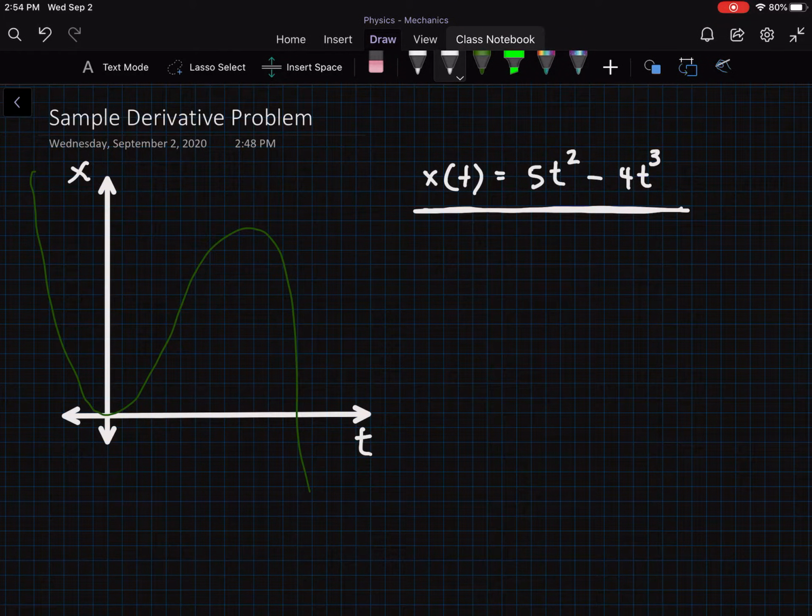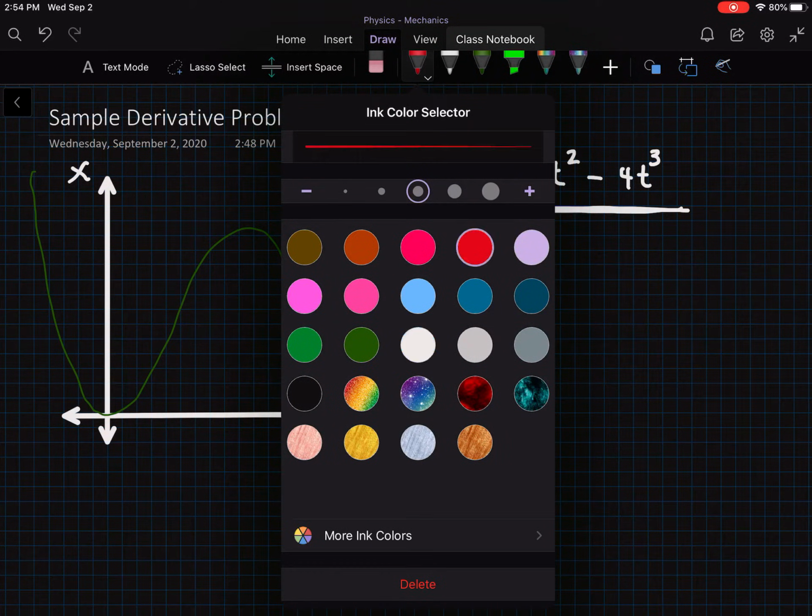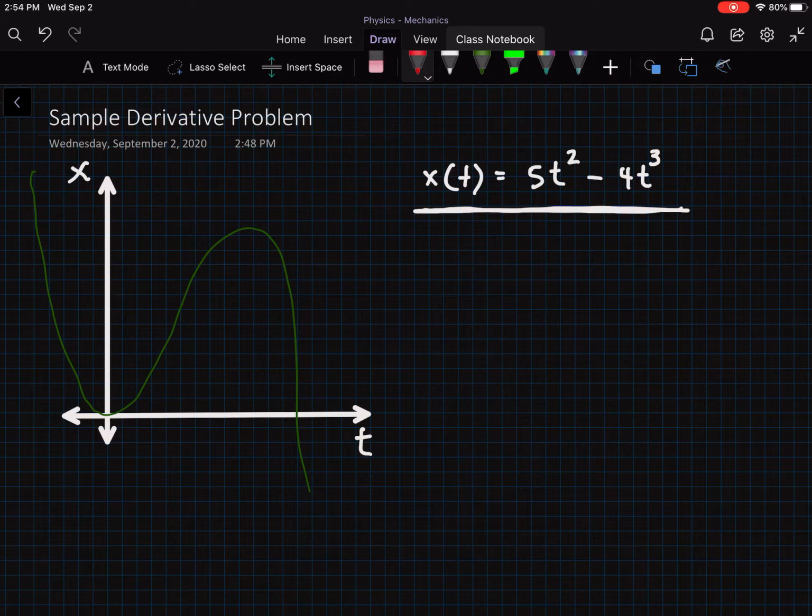Now, we've already talked a little bit about how you could take a look at this and say, go in and let me grab another color here. Good. And if we wanted to plot v versus t on that same graph, well, we'd look at the slope of the x versus t graph at all these points and sort of graph it out.